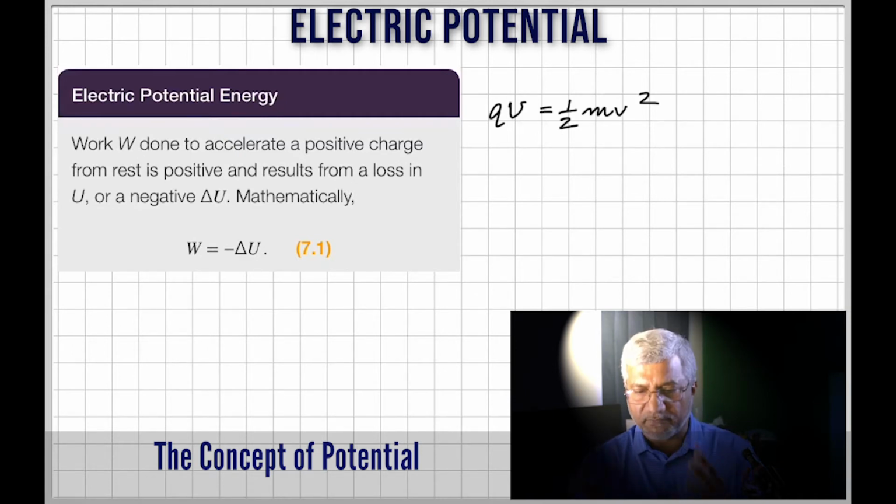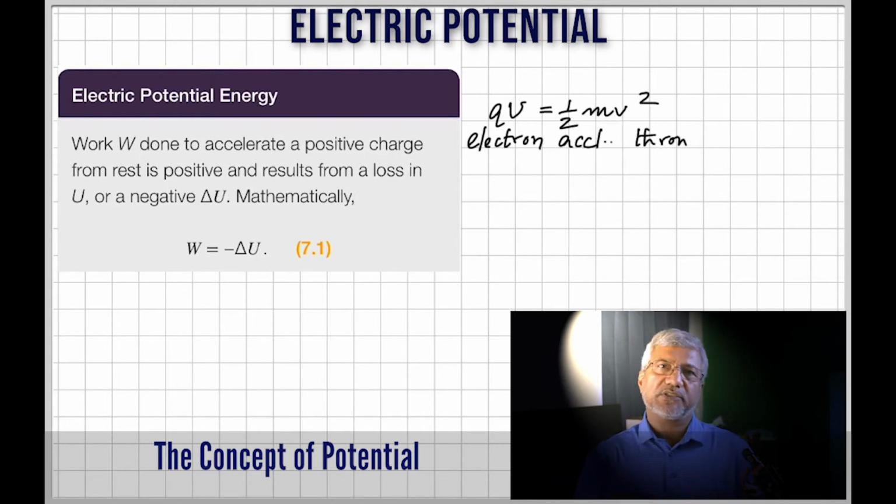Q times V, which is charge times voltage, is equal to the kinetic energy. So that was the potential energy on plate A, and this is the kinetic energy just before it reaches plate B.